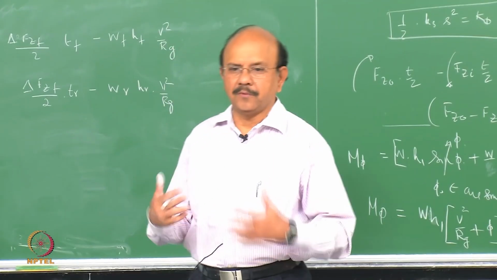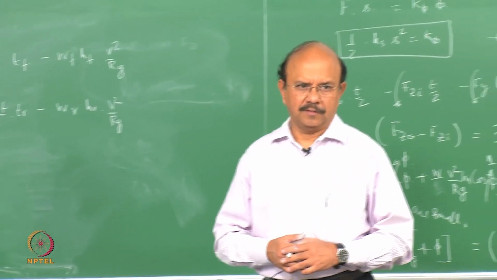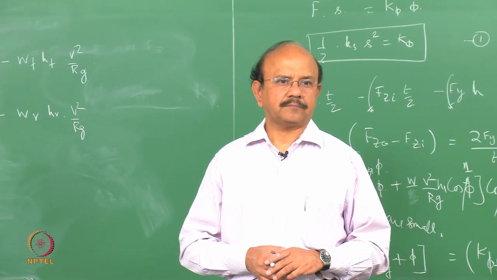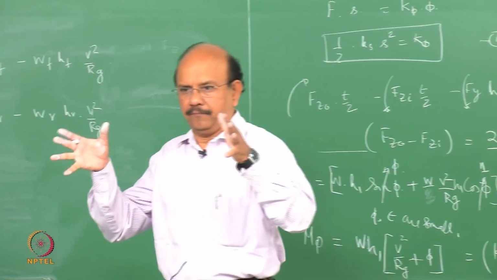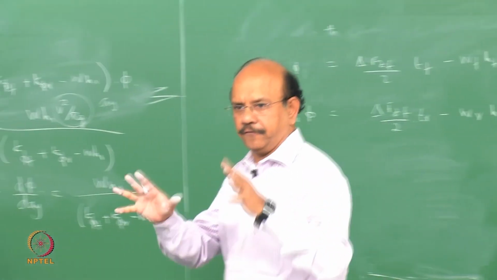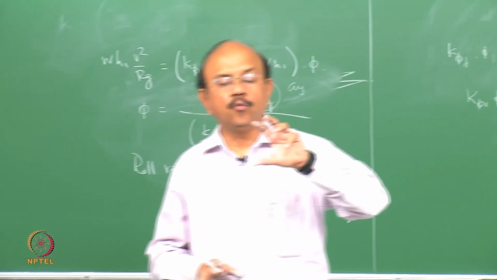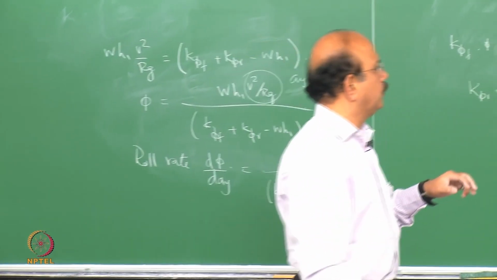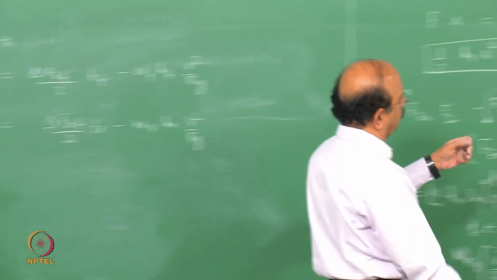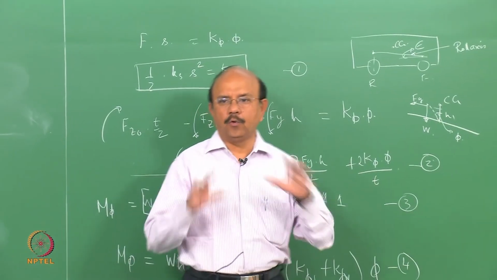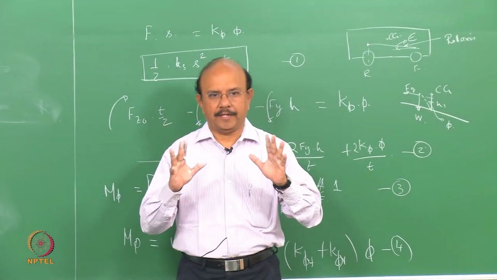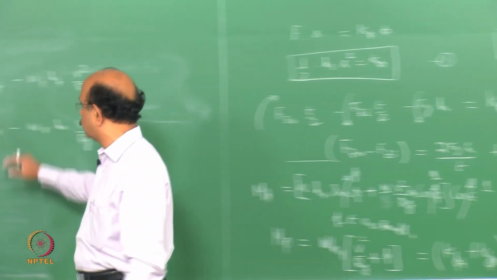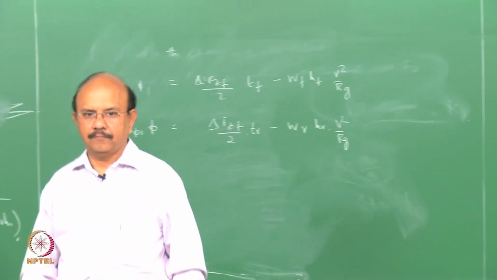This is an implicit assumption in this step. The rest of it is only jugglery. The assumption is that the whole body is stiff and that there is only one roll. Though we said this is applicable for front and rear, actually the whole body rolls as one phi.